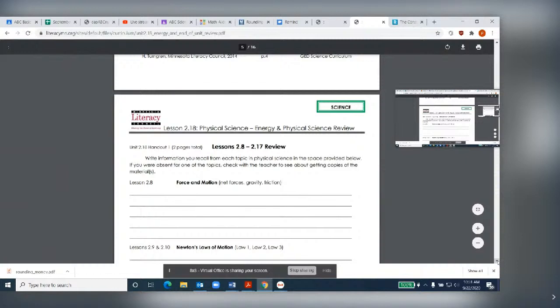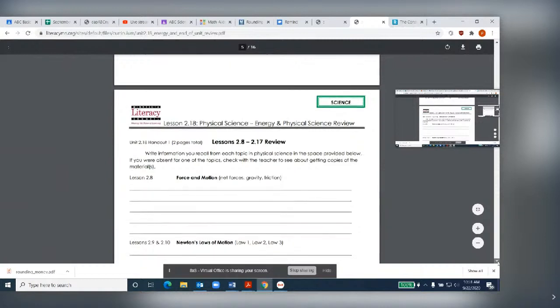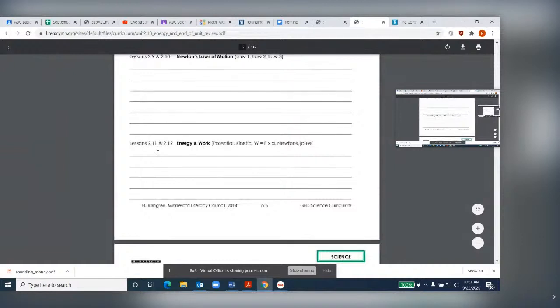2.9 and 2.10 was what we did on Newton's laws of motion, law 1, 2, and 3. Okay. And then 2.11 and 2.12 were potential energy, kinetic energy, and newtons and joules.